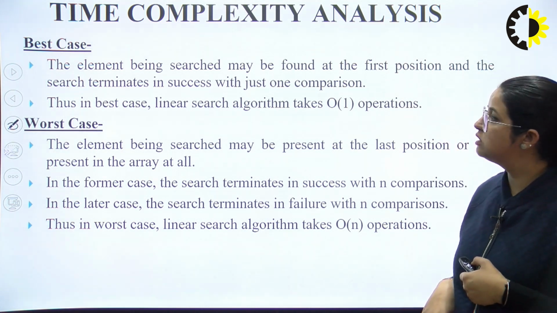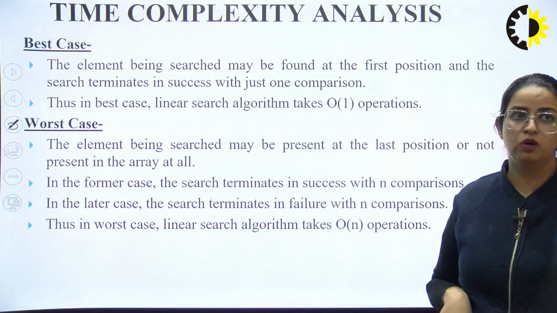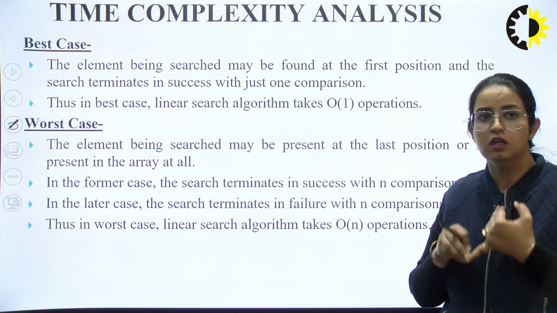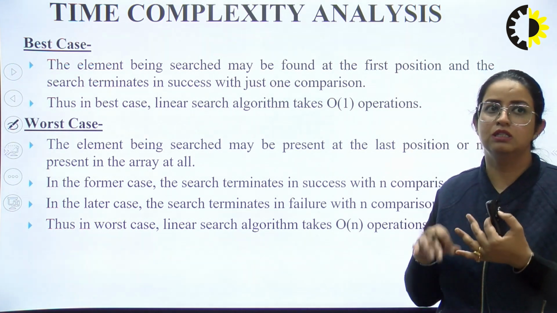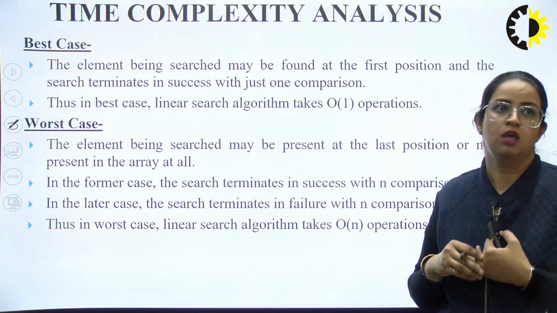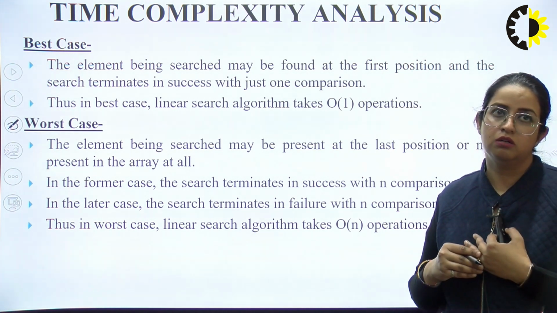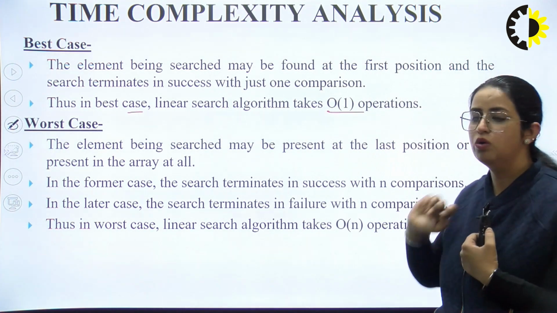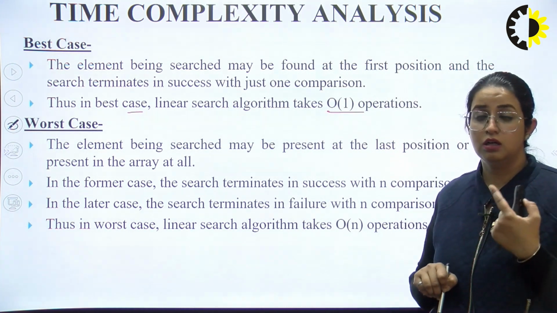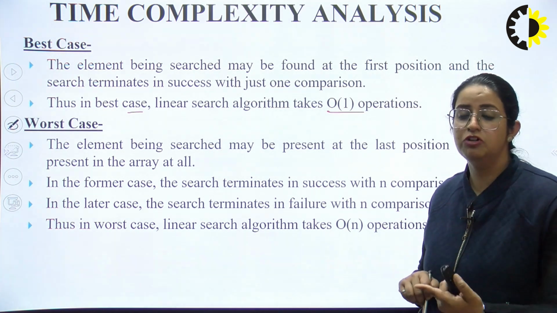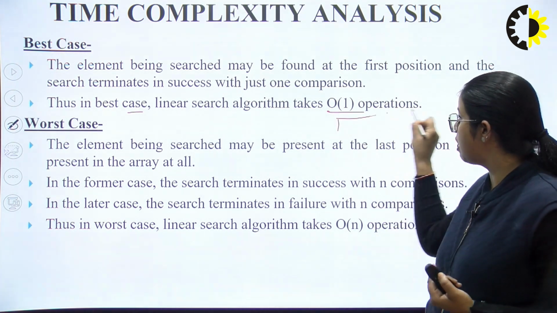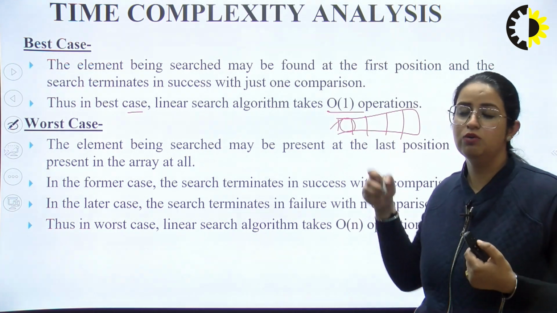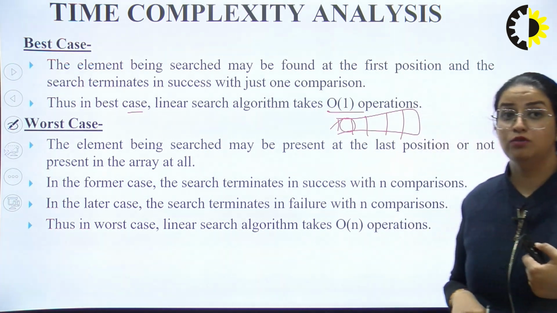Now this is the complexity. If you talk about the best case, if we get the element at the first position, the search is successful, and the best case is O(1). That means at the very first position, at the starting. And what is the worst case?